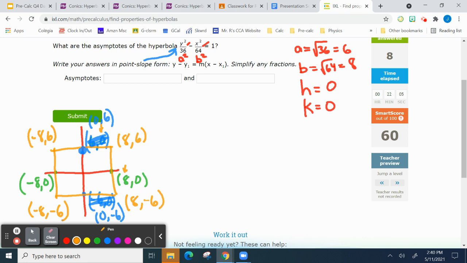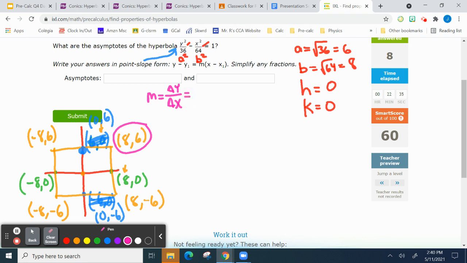In fact, we know the center is 0, 0, and we know the asymptotes intersect at the center, so we can actually use that. I'm gonna use this point right here as my point. So I'm gonna find the slope m, which is the change in y over the change in x.